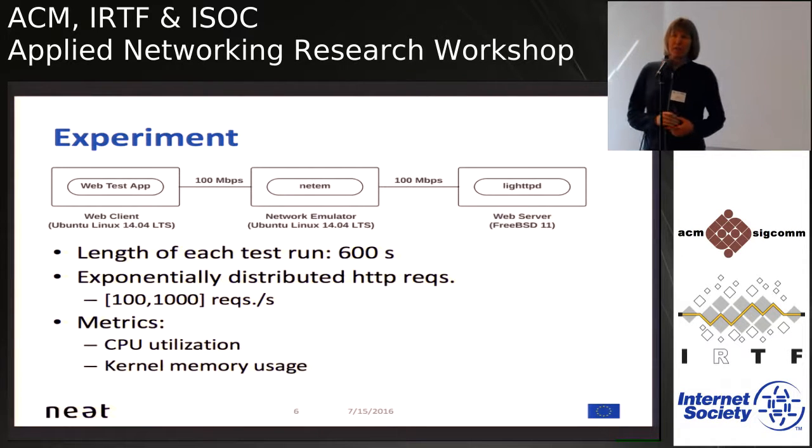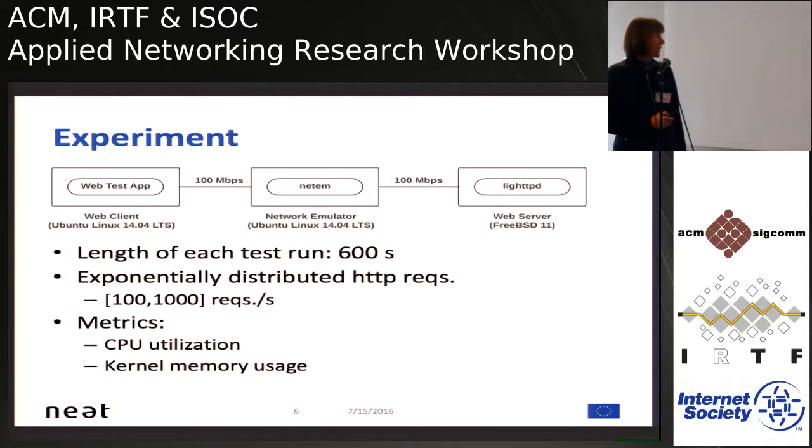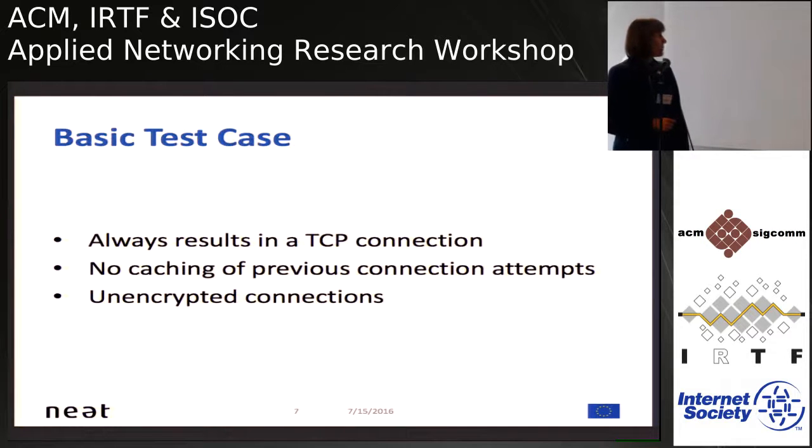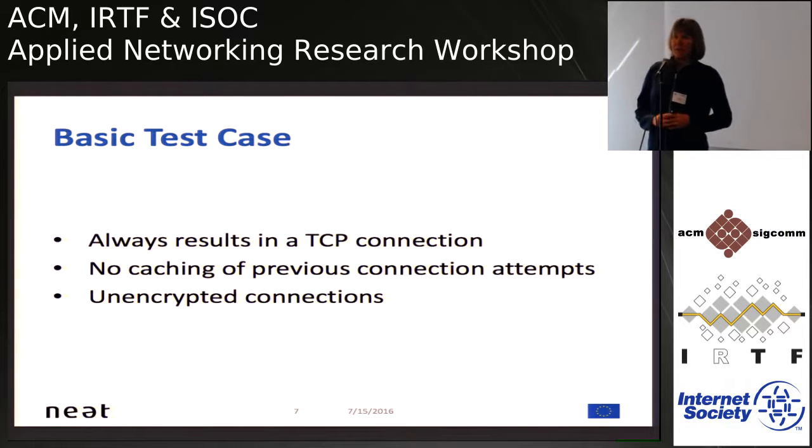We execute each of the test runs for 10 minutes and then use a varying load in the test, between 100 requests per second and 1,000 requests per second. And the metrics that we have looked at are both the CPU load and the memory usage. Next slide, please. We looked at 3 different scenarios of varying complexity and realism, perhaps.